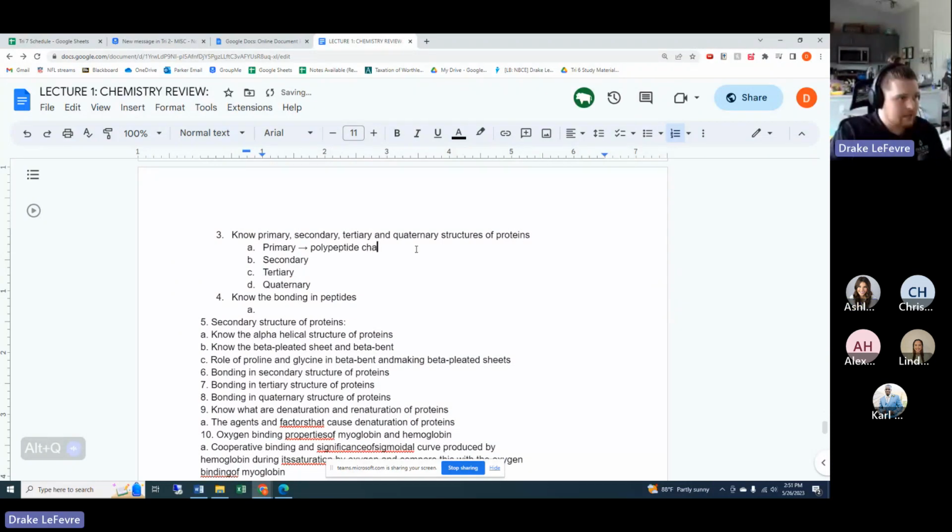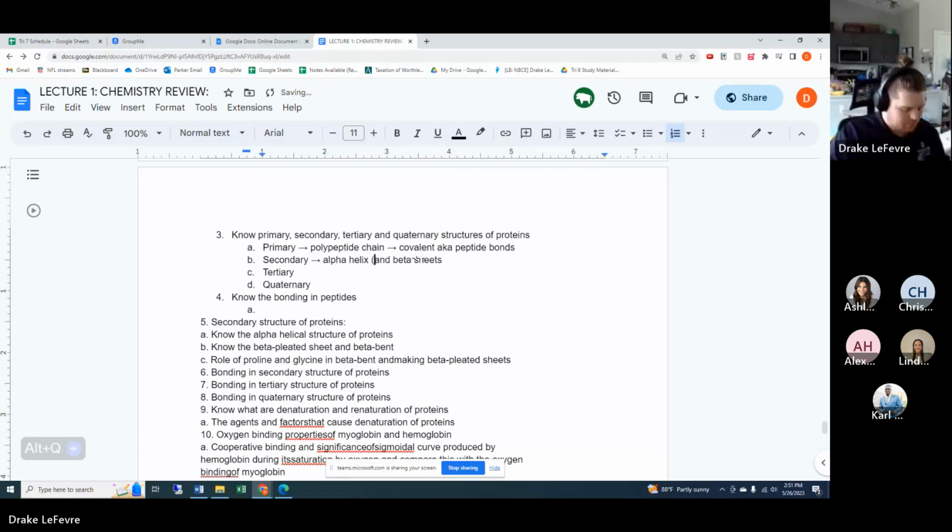Our polypeptide chain. What kind of bond holds it together? Covalent. Our covalent, aka peptide bonds. Perfect. Secondary structure, there's two secondary structures. It's the folding. It's the alpha helix and the beta sheet. Beta sheets, perfect. We'll talk a little bit more about that.